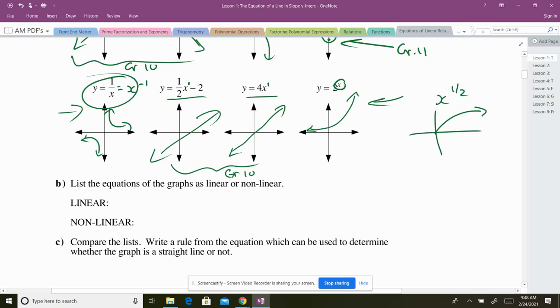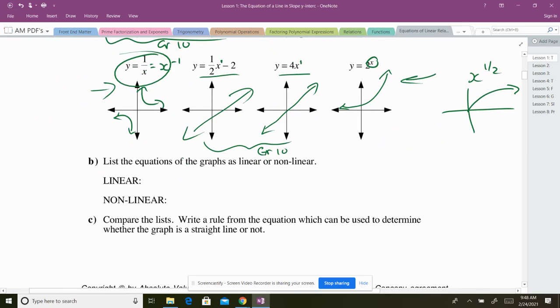So linear graphs have exponents equal to 1. Nonlinear, anything else in terms of exponents. When you look at the equation of something, if the highest exponent is 1, you know it's a straight line.